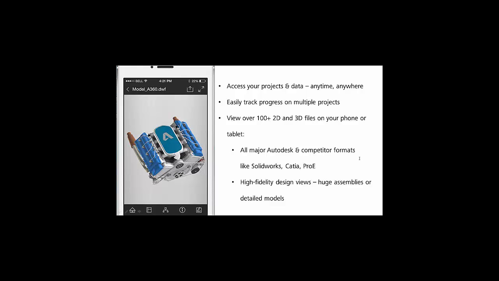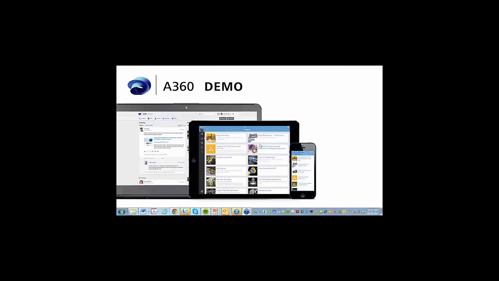A360 web gives a lot of capabilities, but is kind of tied into the web browser. We want to make sure that we provide the access to the data, to the designs, and to the communication, not just in the web browser, but actually on your mobile device so you can carry it anywhere. It's relevant to pretty much all the stakeholders that we try to serve, all our customers in all of the industries.